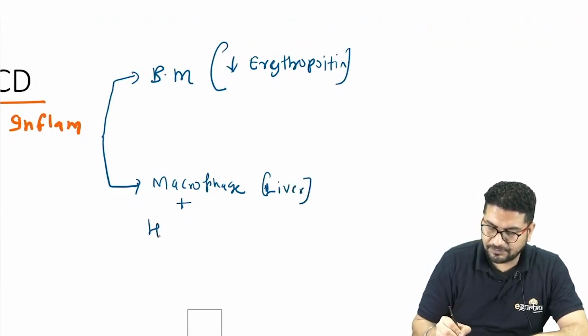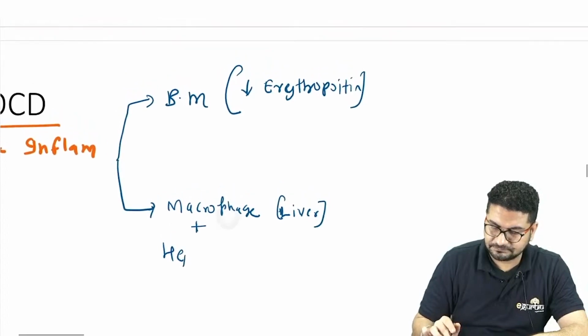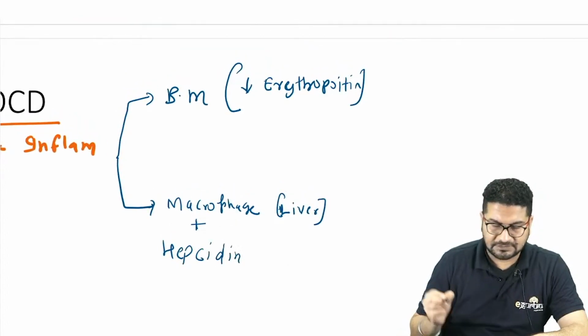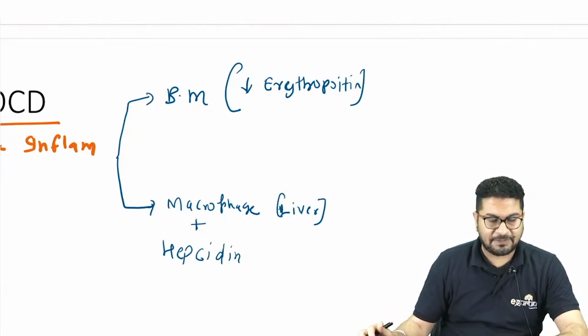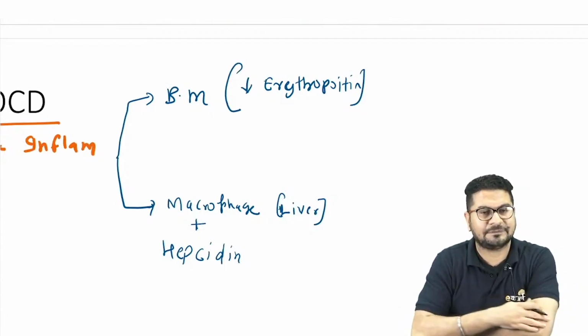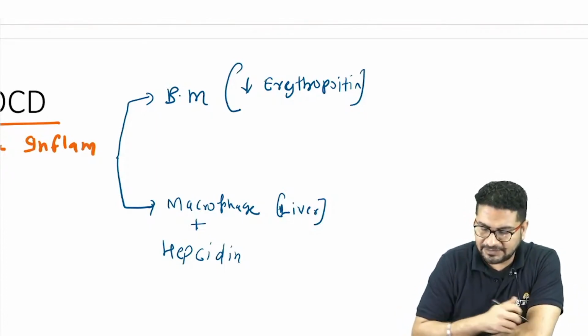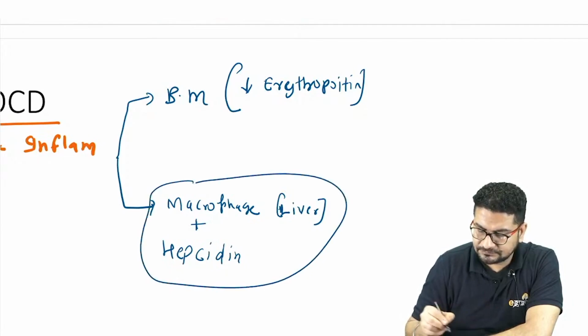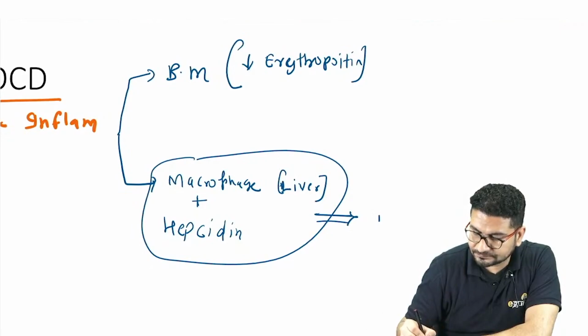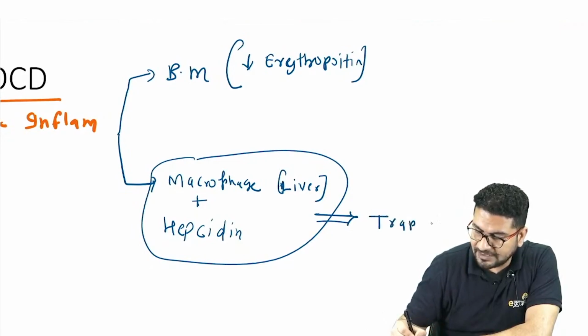Remember this hepcidin protein and macrophage: what they will do is trap all the iron and lock it.